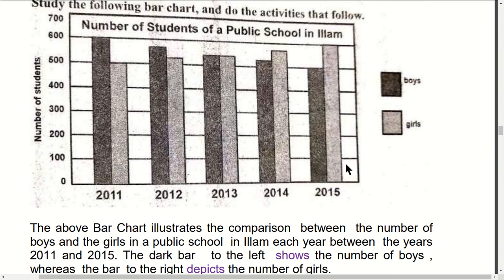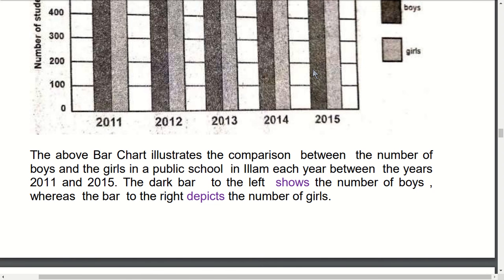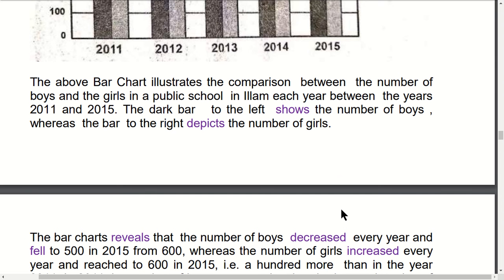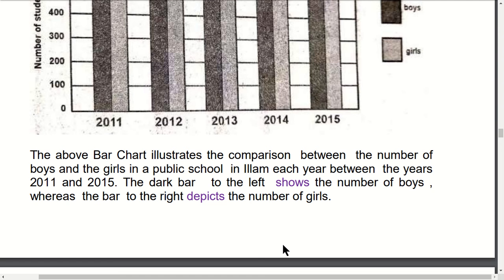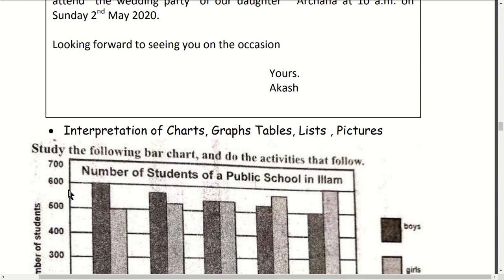First of all, how many boys? There were 600 here, and then what happened?